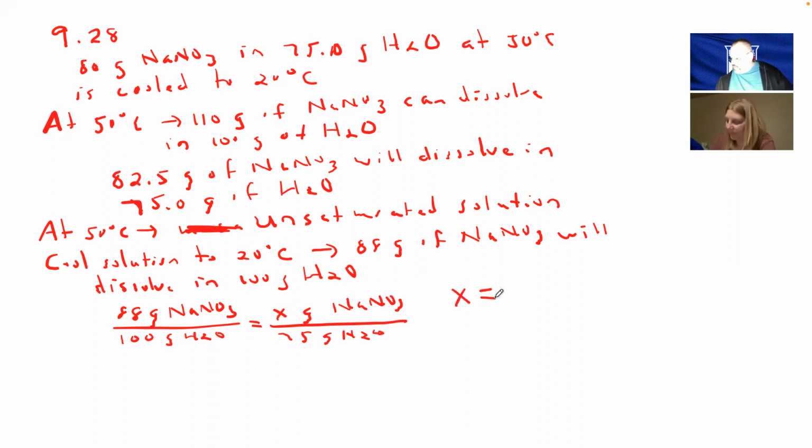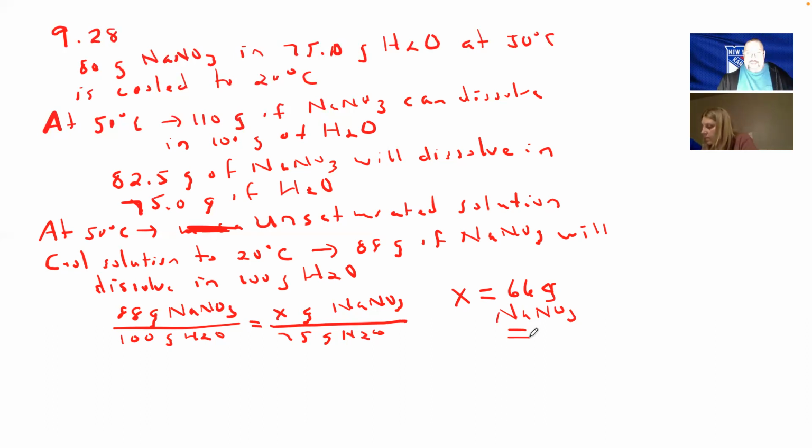We'll plug that into the calculator: 88 times 75 divided by 100. So at this temperature, only 66 grams of sodium nitrate will dissolve in 75 grams of water.